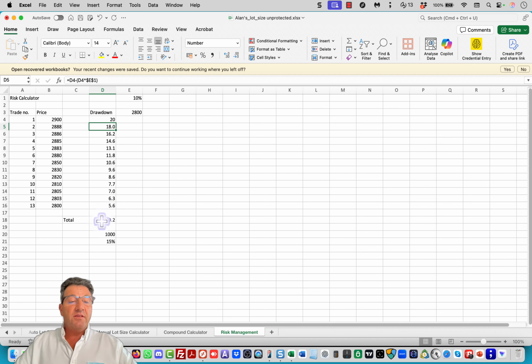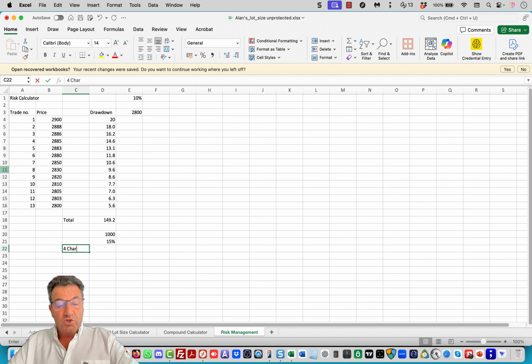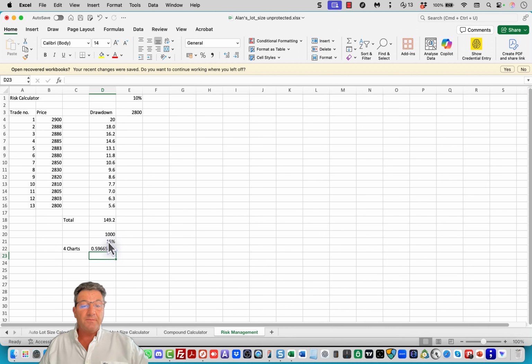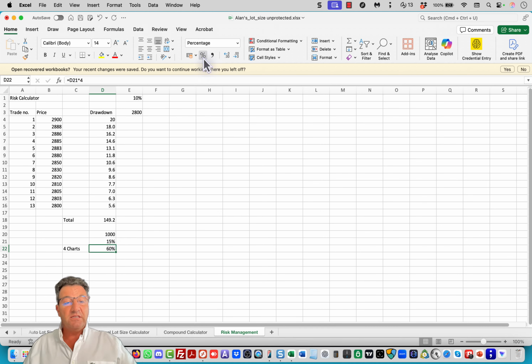And you can see here the total drawdown here is $149, and this is for one chart. So if you were running 4 charts, you could say equals that times 4 charts is 60%. So we'll just change that to 60%.